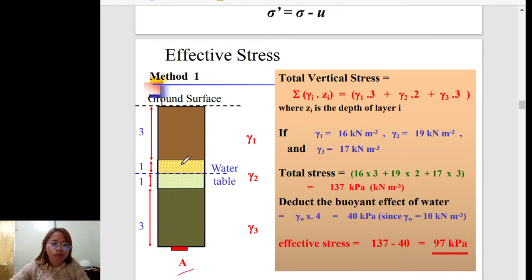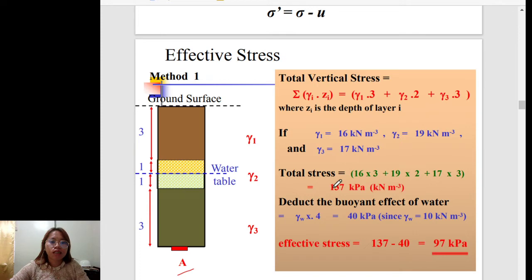If given gamma sub 1 equal to 16 kilonewton per cubic meter, gamma sub 2 equal to 19 kilonewton per cubic meter, and gamma sub 3 equal to 17 kilonewton per cubic meter, then you only have to substitute the values of gamma 1, gamma 2, and gamma sub 3.